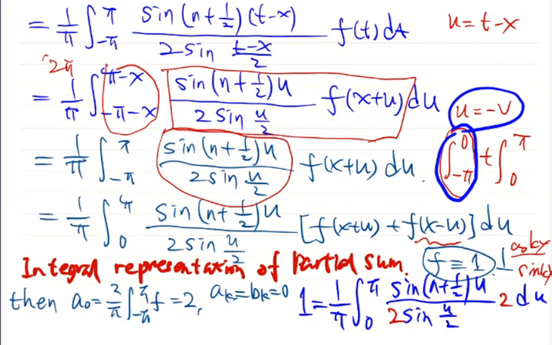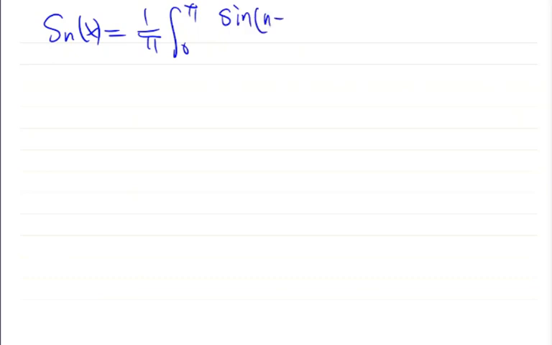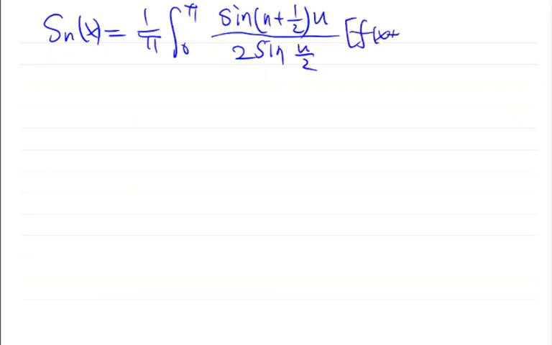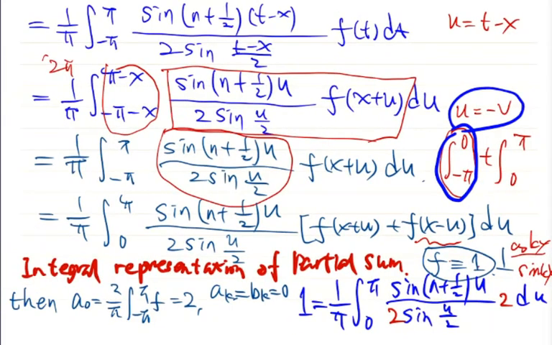So in conclusion, we have Sn(x) equal 1 over pi, integral from 0 to pi of sine (n plus a half) u over 2 sine a half of u, times f(x plus u) plus f(x minus u) du. This is what we have computed.